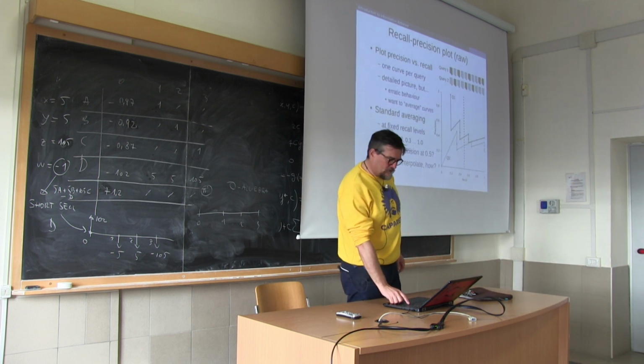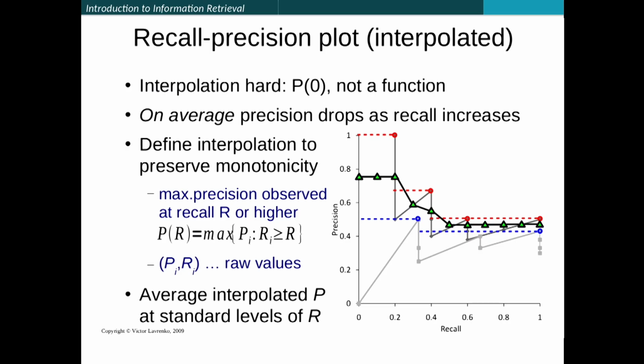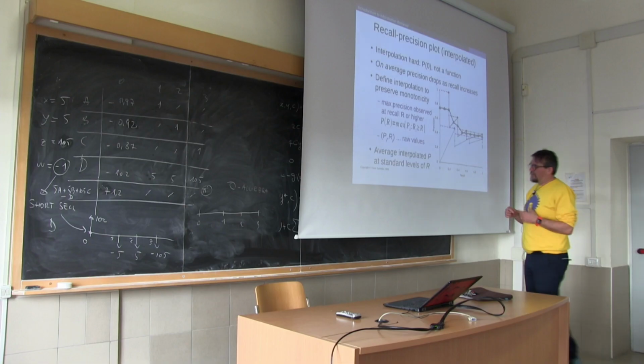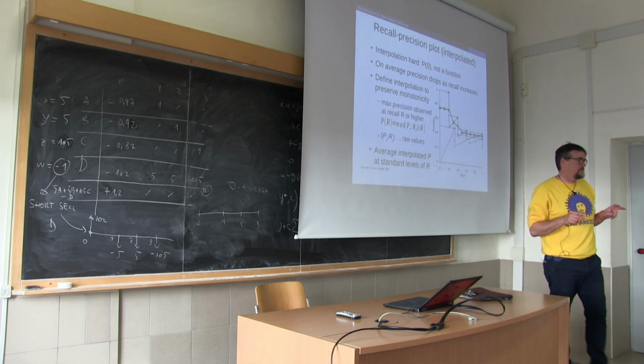So what can we do? We can interpolate, as we say. What kind of interpolation can we use? Remember that on average, the recall increases and the precision decreases. So we want an interpolation curve that well represents this general behavior.